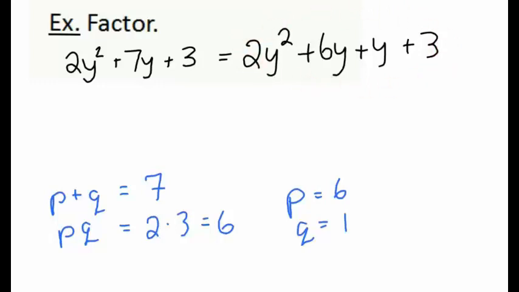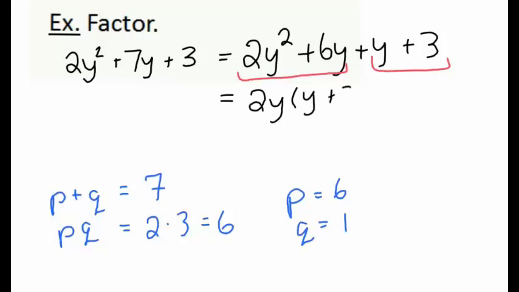In our first two terms, let's group together these two and these two. In our first two terms, we can take out a factor of 2y, and we're left with y plus 3. In our second group, there is really no common factor, so I'm just going to put them together as y plus 3 inside a brace like this.